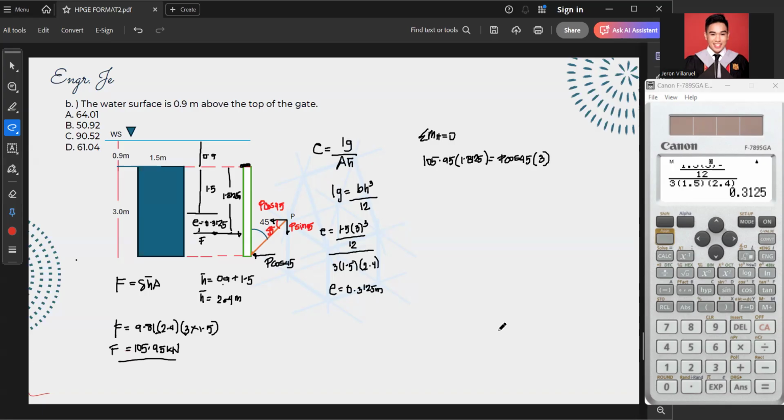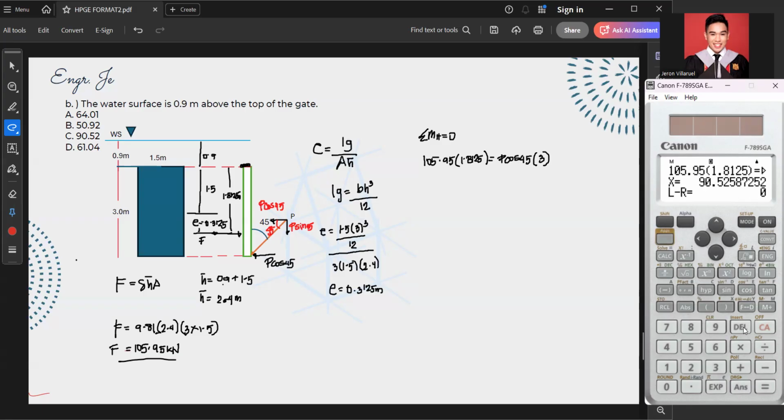And we can solve it here with our calculator. That's 105.95 times 1.8125 meters and equals to P cosine 45 times 3. That's the moment arm.